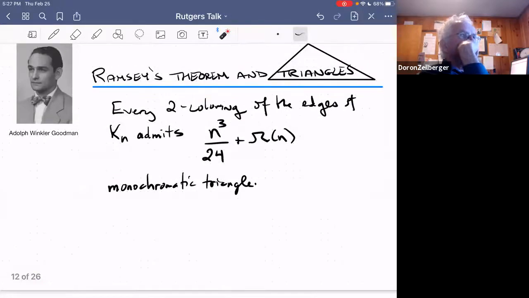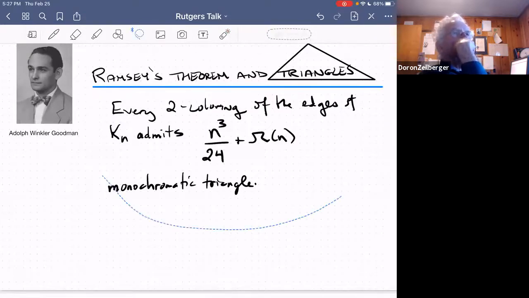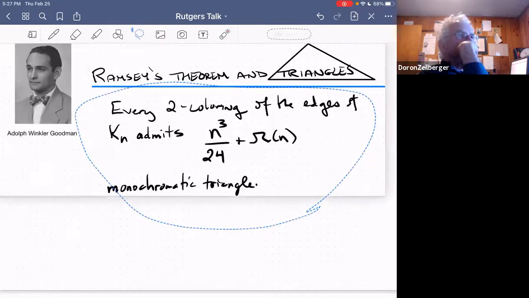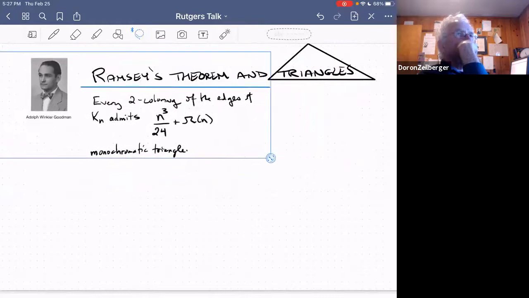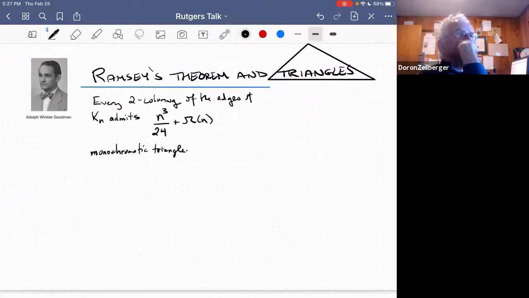So the brief sketch of this result is the observation that if I have a triangle that's not monochromatic, then it's one of these.